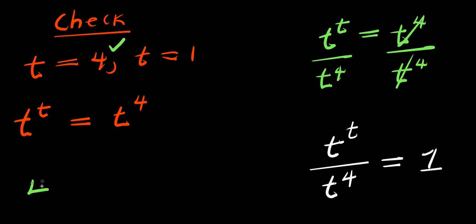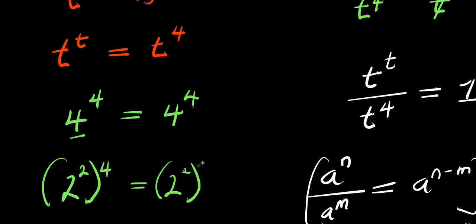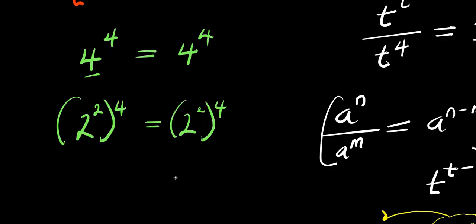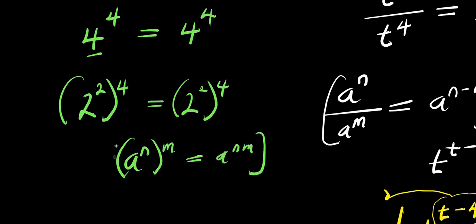So I'm going to have 4 power 4 equals 4 power 4. And what is the value of 4 power 4? 4 is a perfect square, which is 2 power 2, raised to the power 4, equals 2 power 2 raised to the power 4. And don't forget, (a power m) power n equals a power m times n.